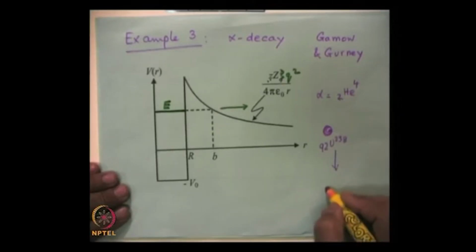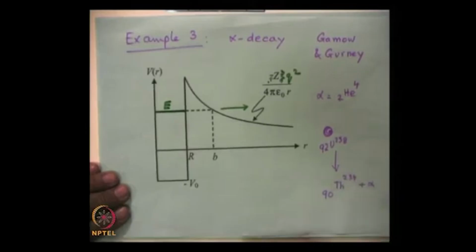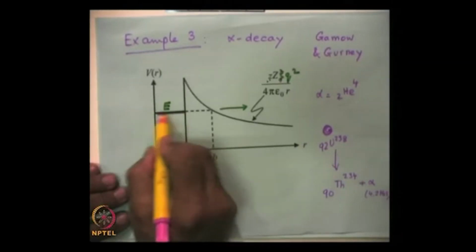This decays to thorium 234, with 90 protons, plus an alpha particle. So, the alpha particle has 2 protons and 2 neutrons, and it comes out with an energy of about 4.2 MeV.